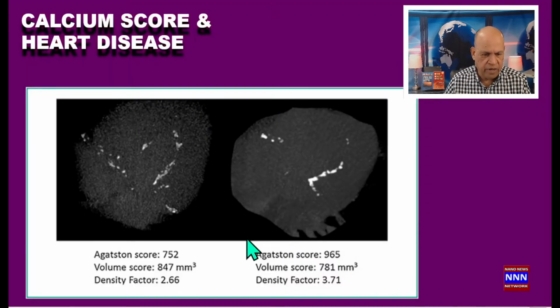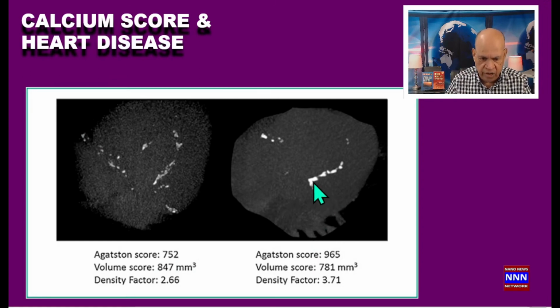All right, let us begin with just doing this simple coronary calcium test, which I said is done using a CT scanner. And here is an example of the lining of the arteries in multiple locations showing the calcium, and the actual calcium score is like 752, which is exceedingly high.